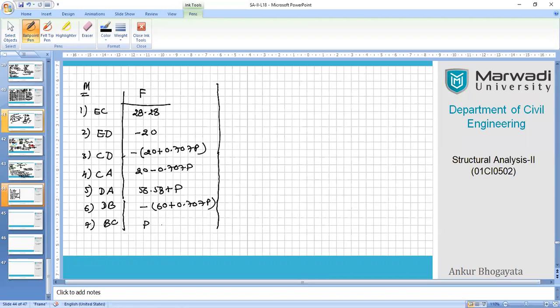Otherwise, you can directly go to the summation, and before that we can go for del f upon del p. That's the only primary work that you need to carry out.